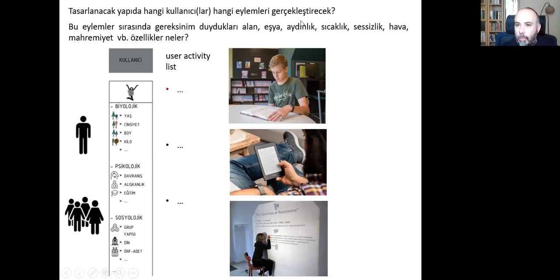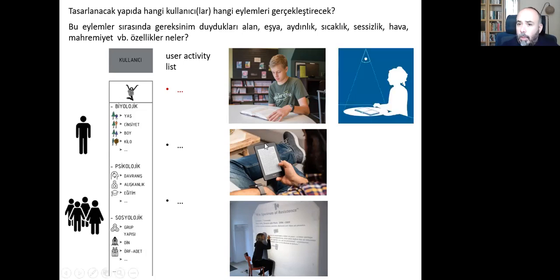And once we get this list, we can ask ourselves during these activities, what kind of space or properties our user will need in terms of size, in terms of furniture, and maybe we can talk about lighting properties.